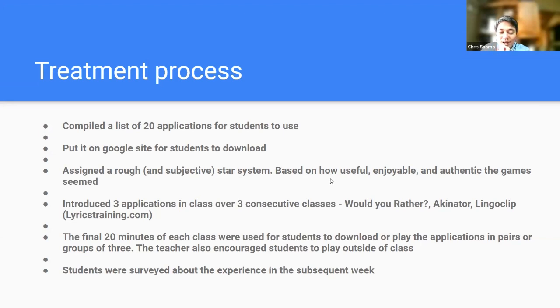So how useful I thought they are, how enjoyable, and how authentic the games seem to be. It's just my subjective opinion. I don't have any data to prove that these applications are better than others, but I decided to tell the students that they are.